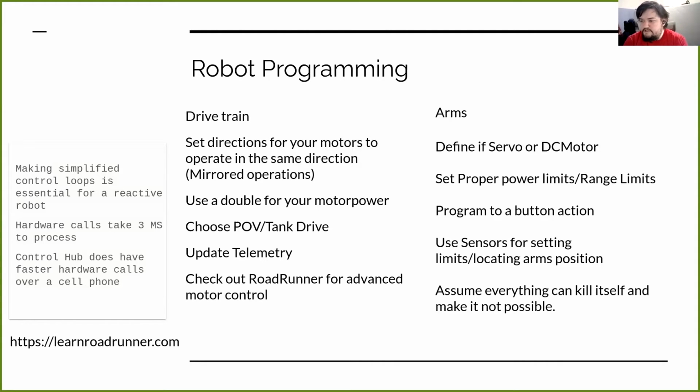FIRST has created this great library for you that already has built-in functions for calling your motors, talking to the Control Hub or the phone, setting the speeds of your motors and servos, reading sensor input, and writing all of these things.